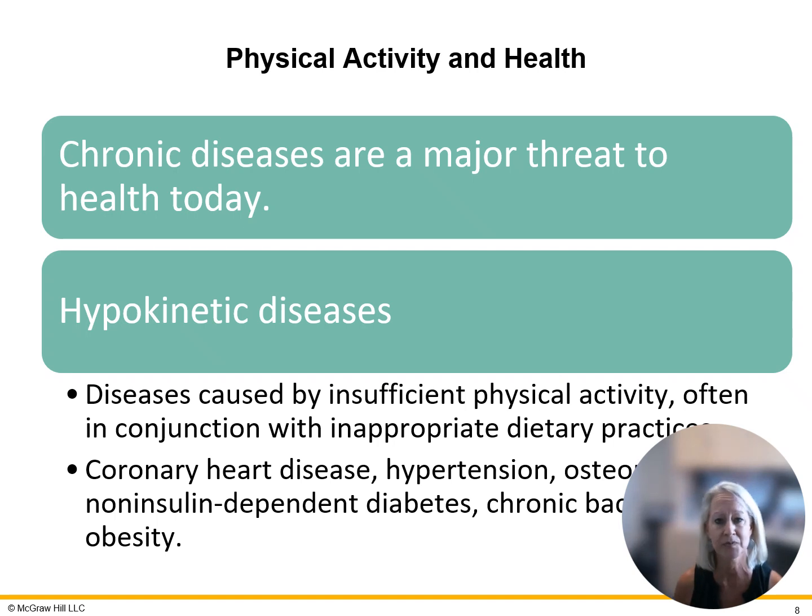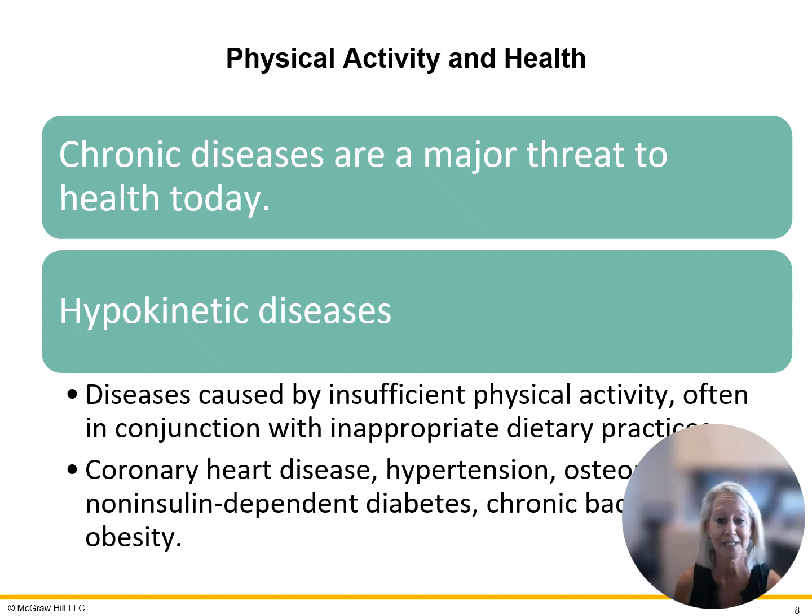Some common examples include coronary heart disease, which is reduced blood flow to the heart due to plaque buildup in the arteries; hypertension or high blood pressure, which strains the heart and blood vessels; and osteoporosis, which is a weakening of bones, which is worsened by inactivity; and non-insulin dependent diabetes, often linked to obesity and inactivity; and chronic back pain, which can be related to poor posture and weak core muscles; obesity, which increases the risk for many other health issues.